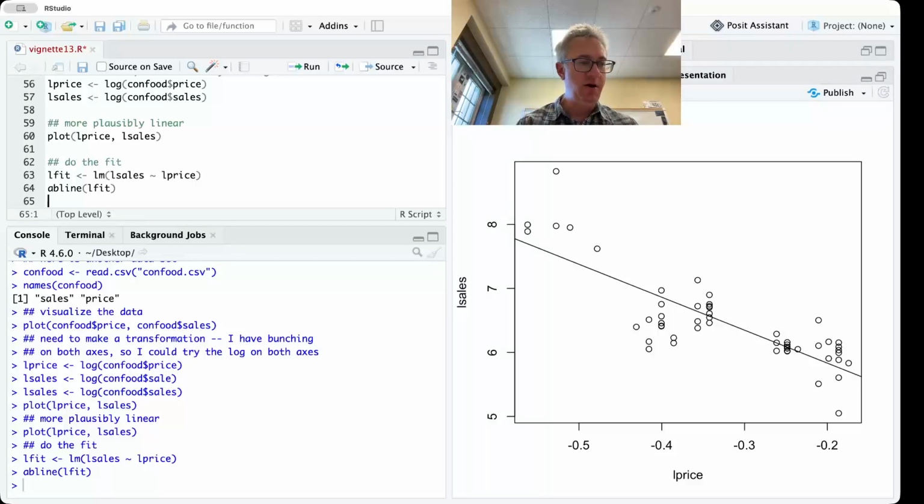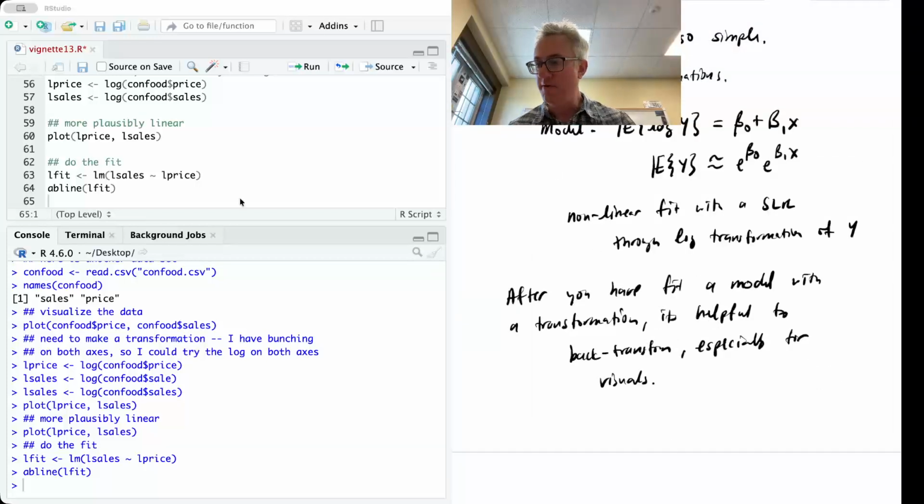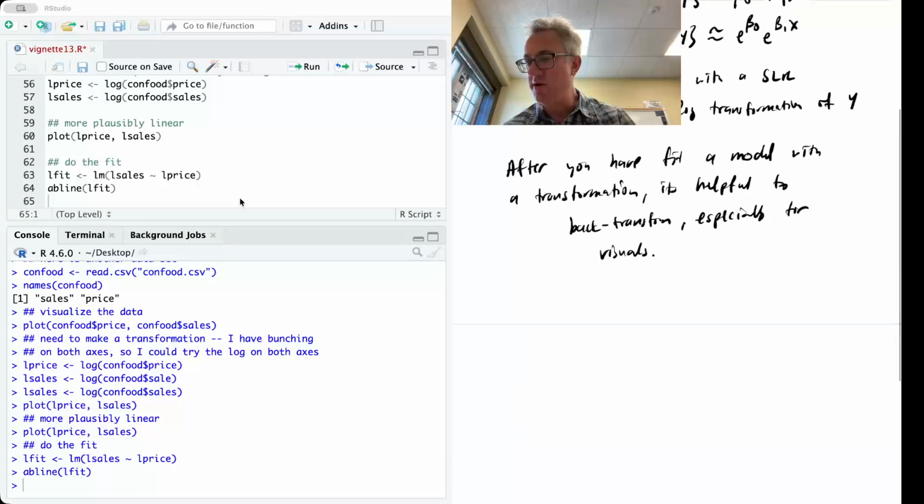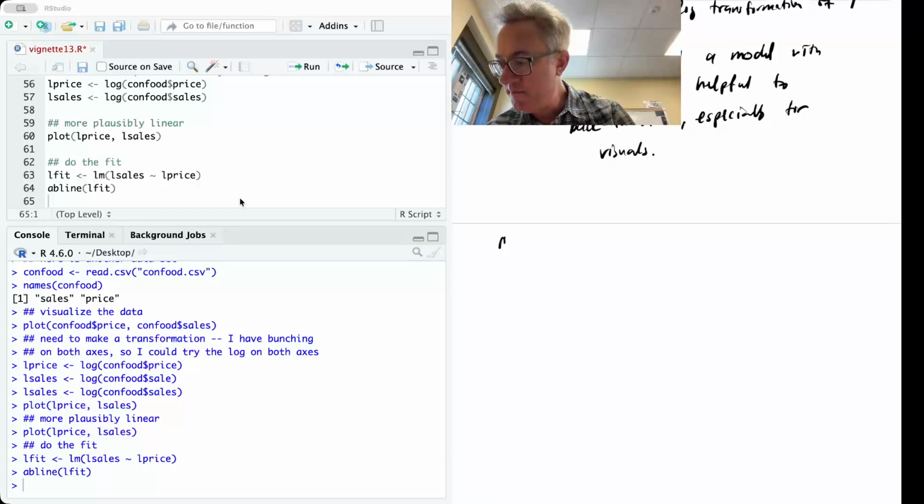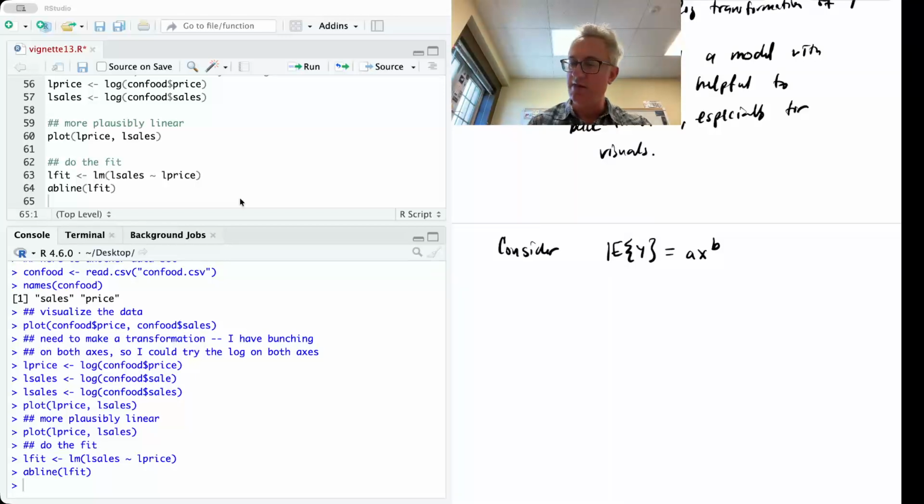Yeah, so what have we done? What have we fit? It's probably time to go back to the whiteboard just for a second. So now consider that I'm modeling the expected value of y as a function that looks like this, clearly a nonlinear function.